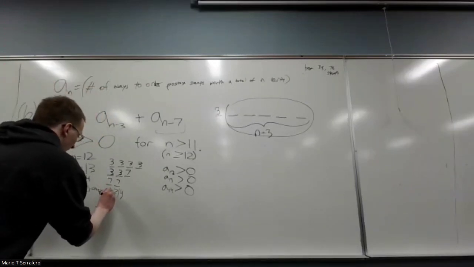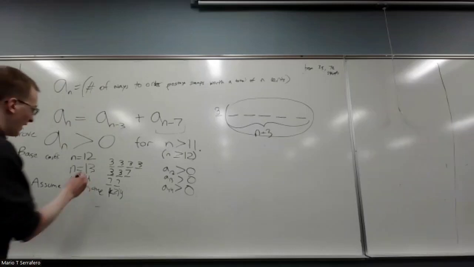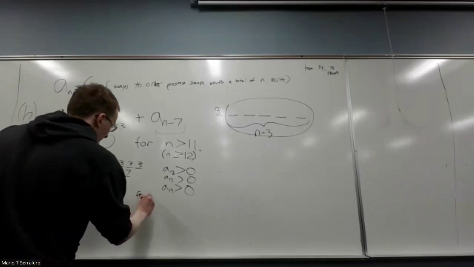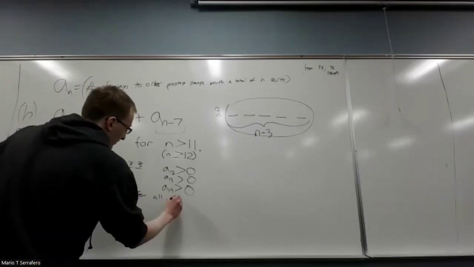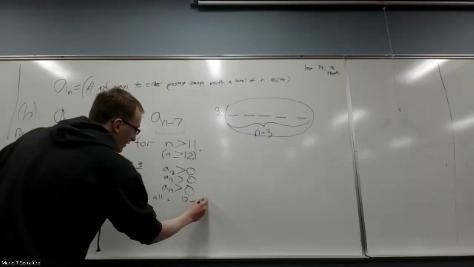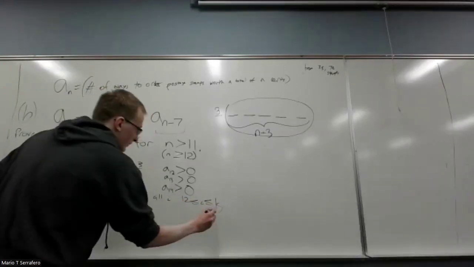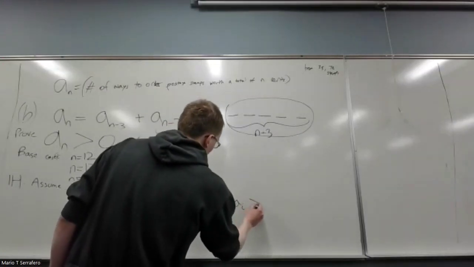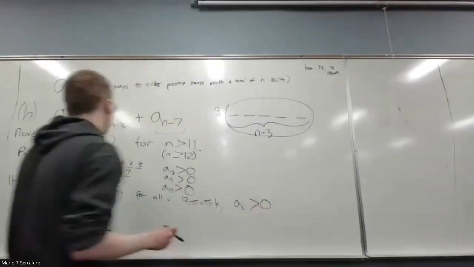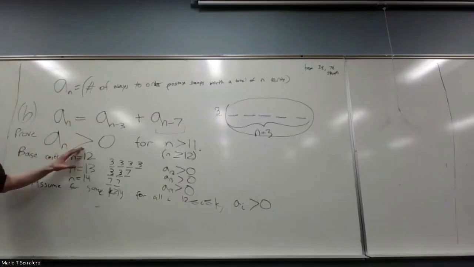So for some K greater than or equal to 14, for all i from 12 up to K, a sub i is greater than 0. We can assume all of these because we'll need to show that it's true for 15, and we're going to need to use that it's true for 12.